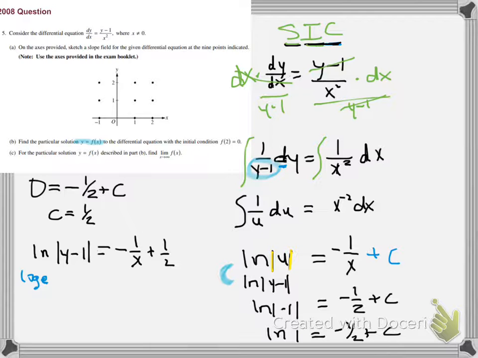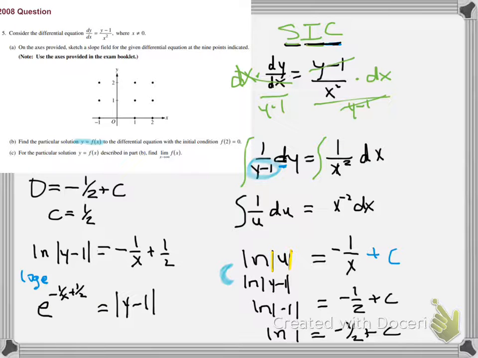So this means that e to that, keep in mind this is all the exponent, e to the negative 1 over x plus 1/2 equals the absolute value of y minus 1.